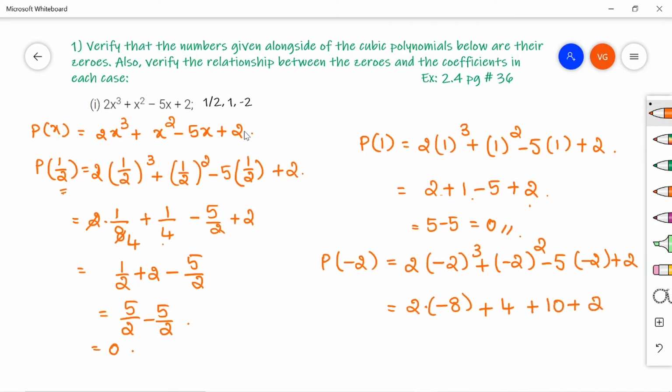So 2 into 8, 16. So minus 16 plus 4 plus 2, 6 plus 10, 16. So this is 0. So again, minus 2 is also the zero of the given polynomial. So verified here. The given numbers 1 by 2, 1 and minus 2 all are the zeros of the given polynomial.